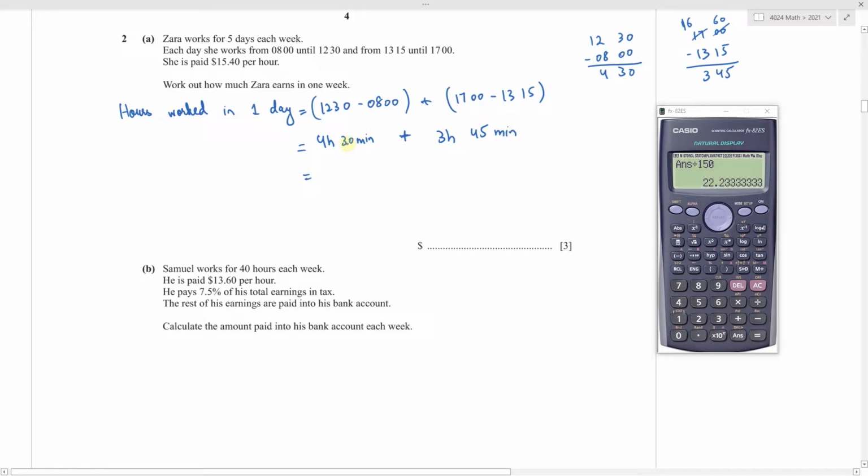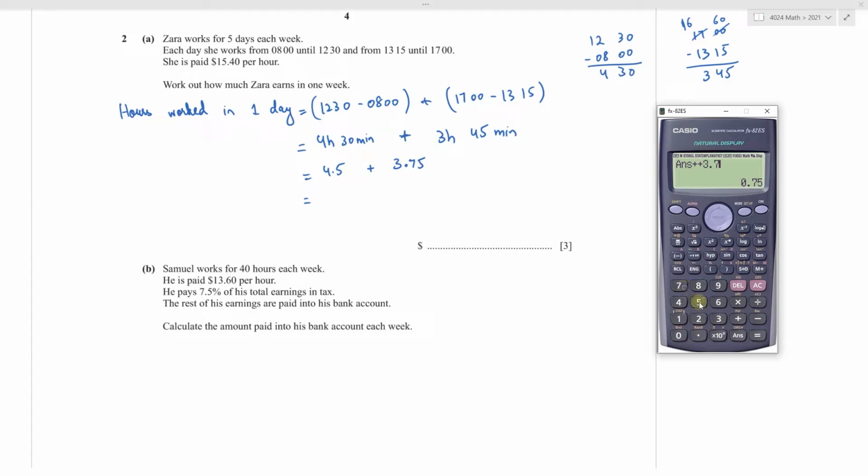Now I need to convert these minutes into hours as well because my pay rate is per hour. So 4 hours 30 minutes is 4.5 plus 3 hours 45 minutes. If I need to convert these 45 minutes into hours, I will divide them by 60. So 45 divided by 60 is 0.75. So 3 plus 0.75 will give me 3.75. So 3 hours 45 minutes is 3.75 hours.